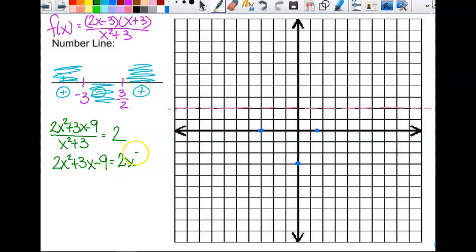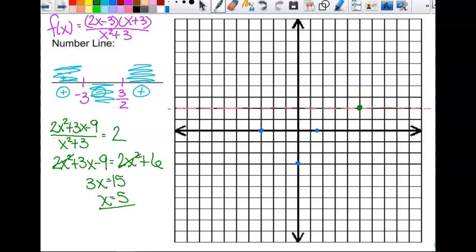So I get 2x squared plus 6. Then I solve. So subtract 2x squared from both sides. Those zero out. Then I can add 9 to both sides. So I get 3x equals 15. X equals 5. So when x equals 5, that's when I cross my asymptote right there.